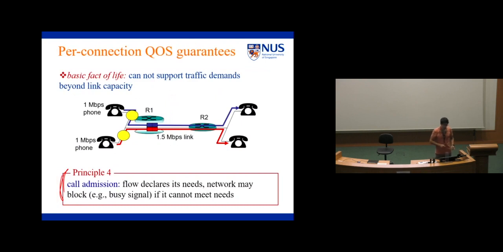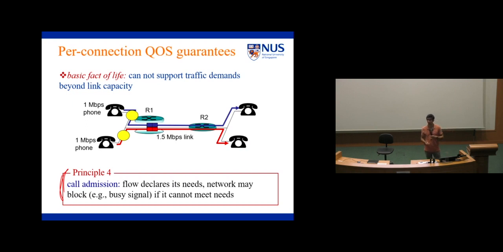So as I said, the basic fact is that we cannot support traffic demands beyond the link capacity. So for instance, if two applications, both running voice over IP, require 1 megabit per second each, and your link capacity is 1.5 megabits per second, you have two choices perhaps.